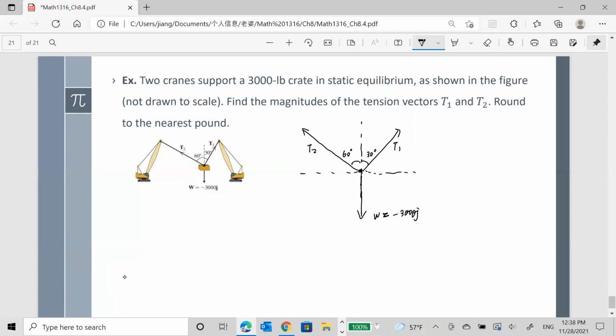It only has the J direction, it doesn't have an I direction. That means all the forces balance. So T2 plus T1 has the force in this direction. If I draw the parallelogram, we'll have this.